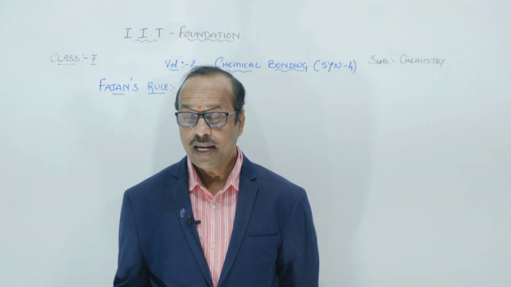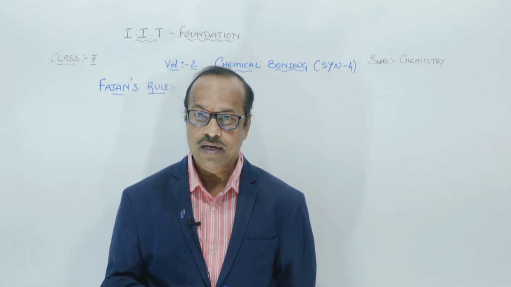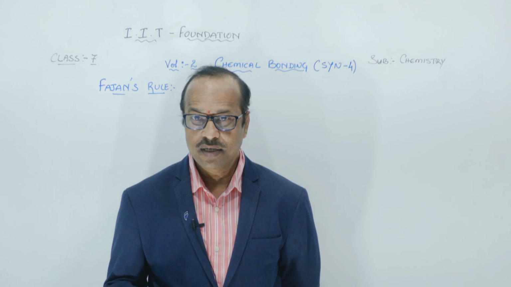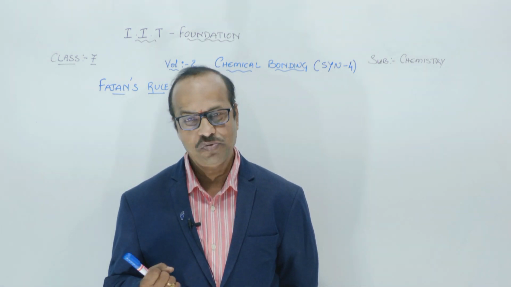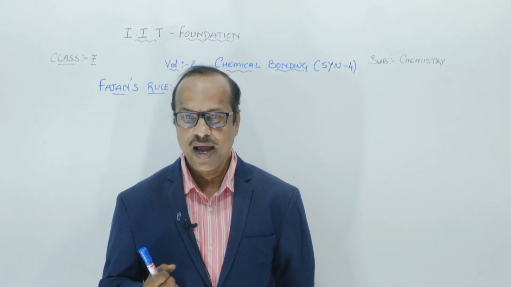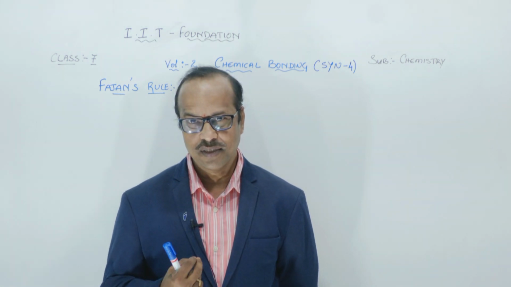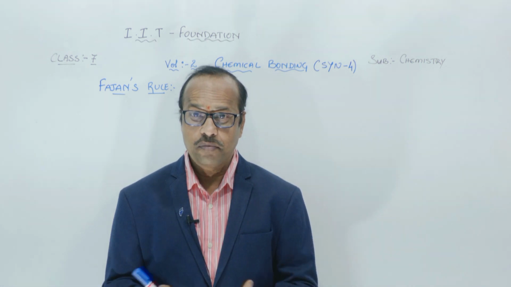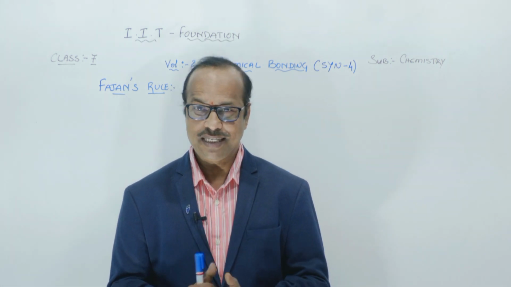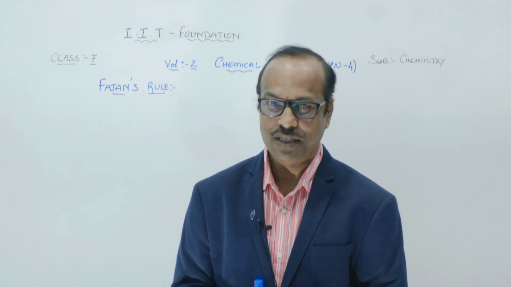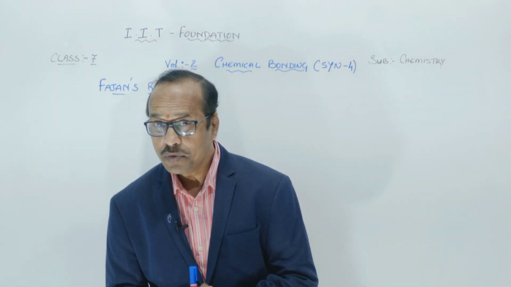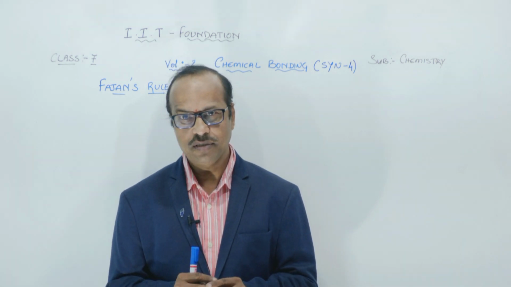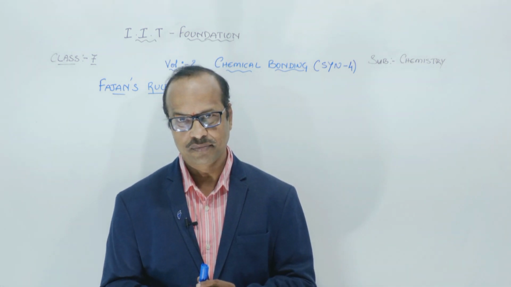The atom which loses electrons attains a positive charge, called a cation, and the atom which gains electrons becomes negatively charged, called an anion. The bond formed between two oppositely charged ions is called the ionic bond. What is covalent bond? The bond formed by the sharing of electrons is called a covalent bond.